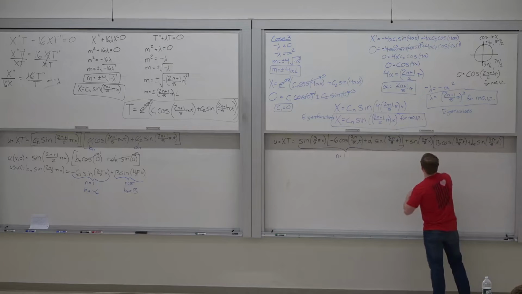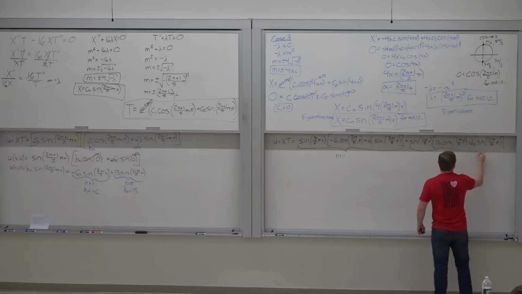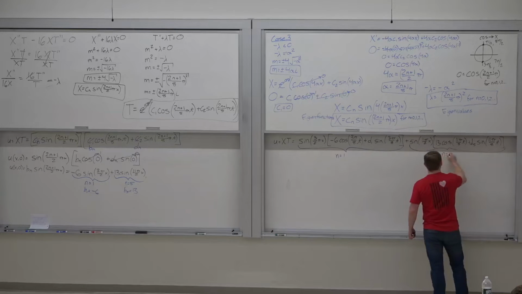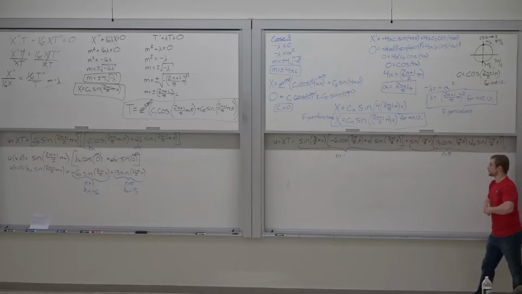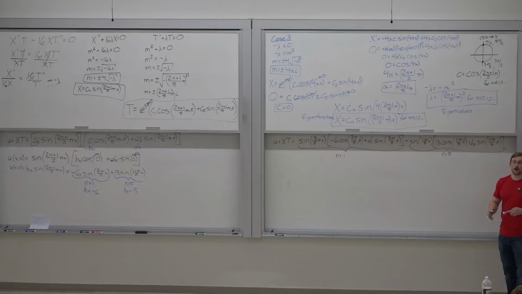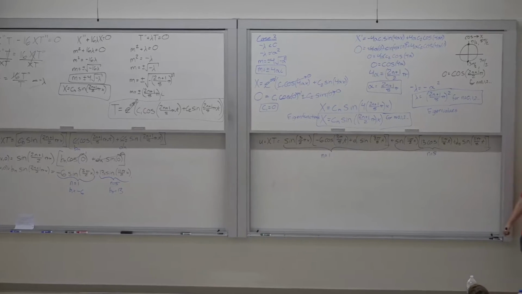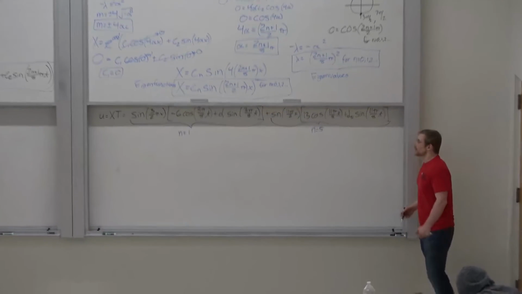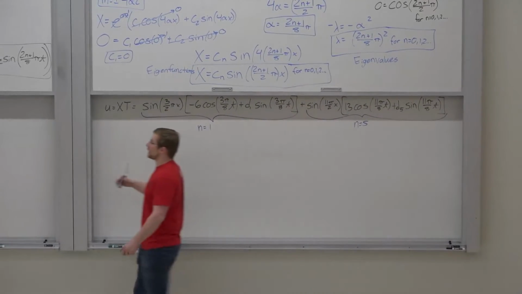And this is my n equals 5 term. Nice and long, right? Now you know why they didn't give you 3 terms like they did in the first one. So this is nice and super long, but guess what? We're not done yet. We get to apply our second initial condition.